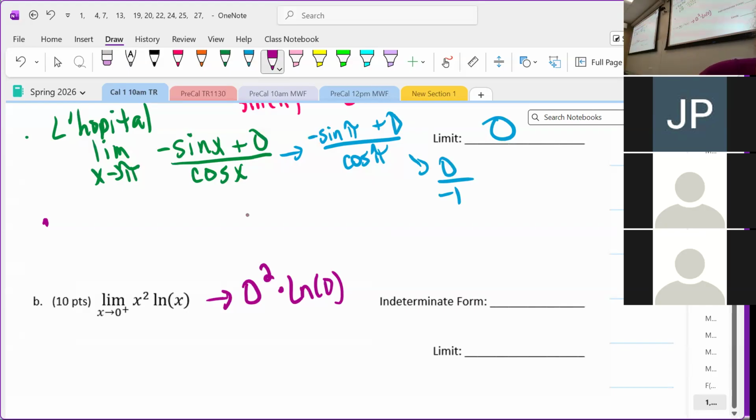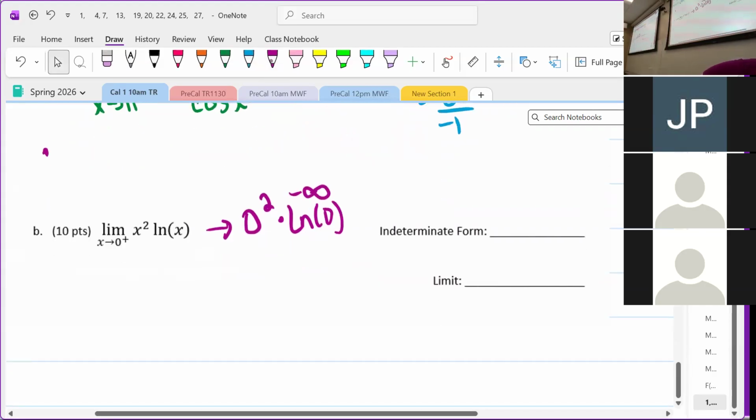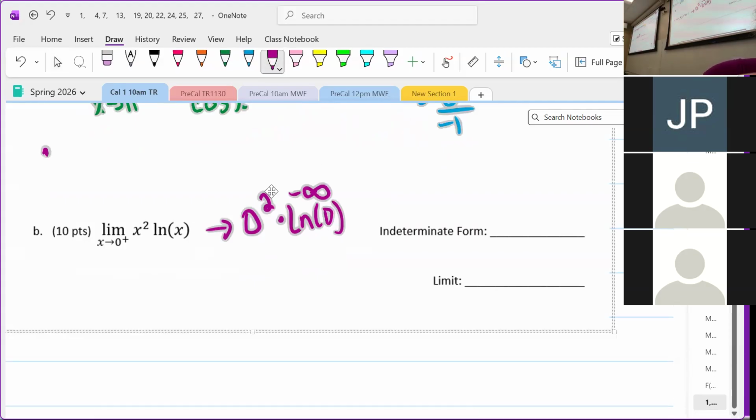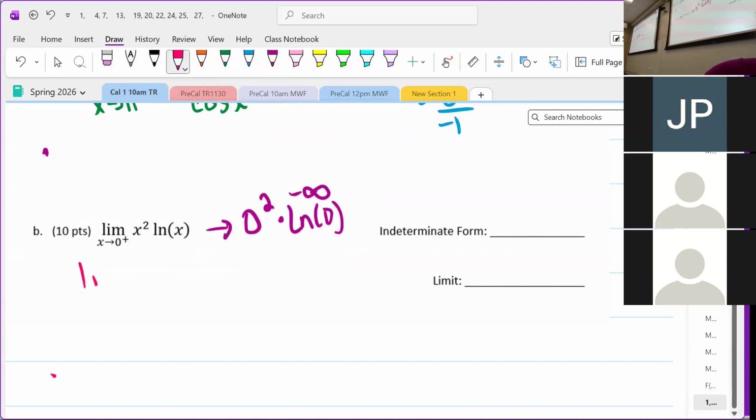From the right side of 0, natural log approaches negative infinity. So when I have 0 times infinity, I don't know which one's bigger, which one's more important. So we have to rewrite this in a form that we can apply the limit to.